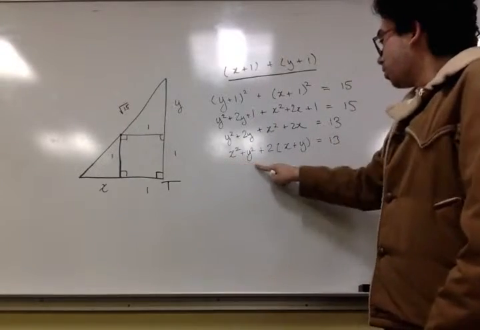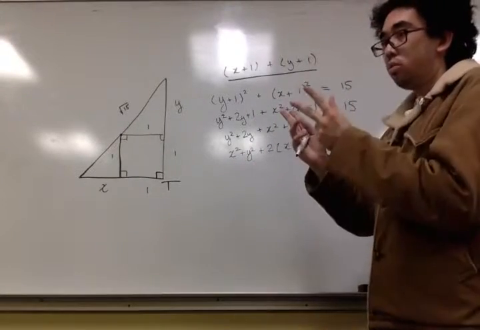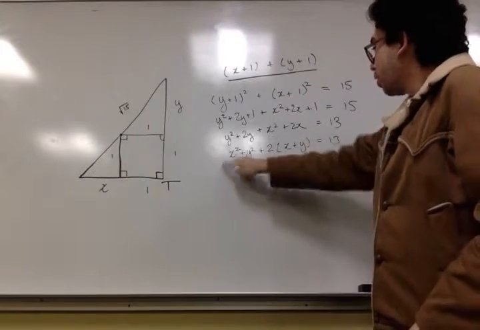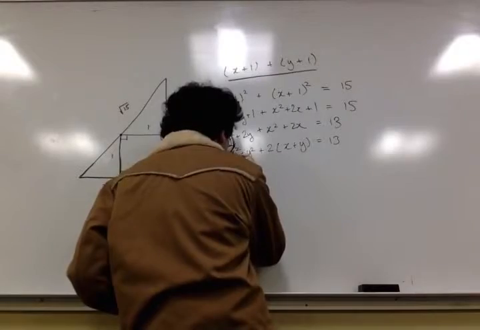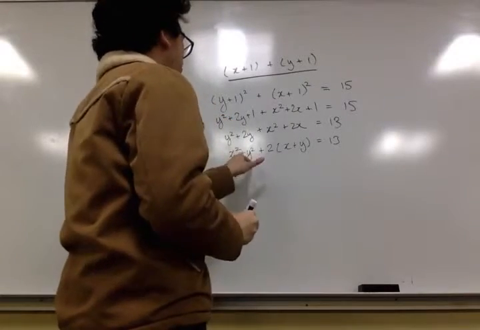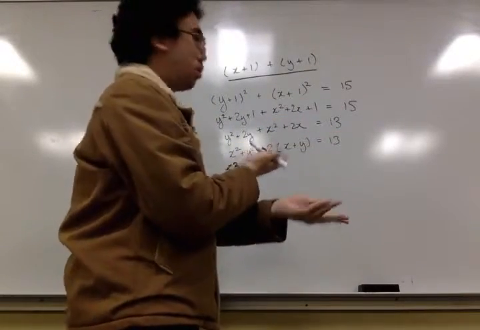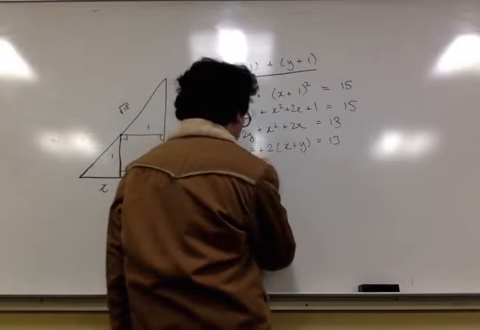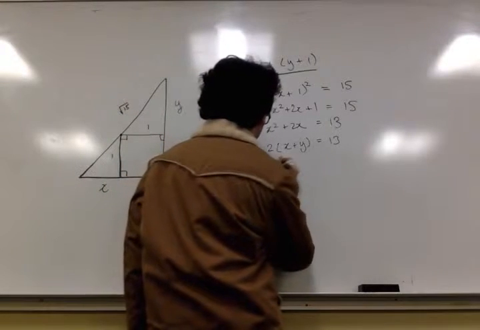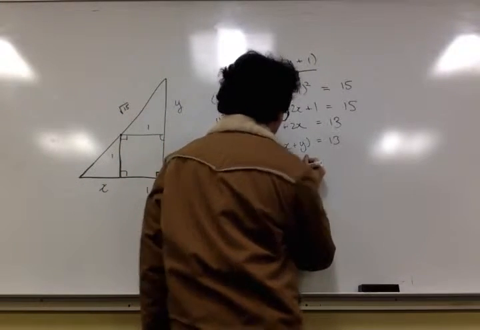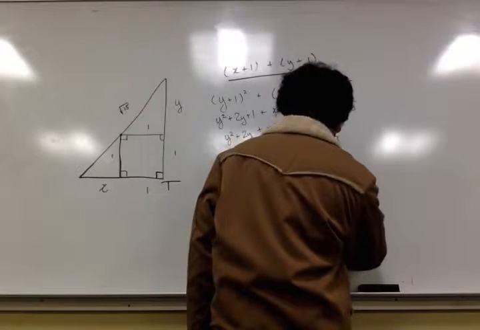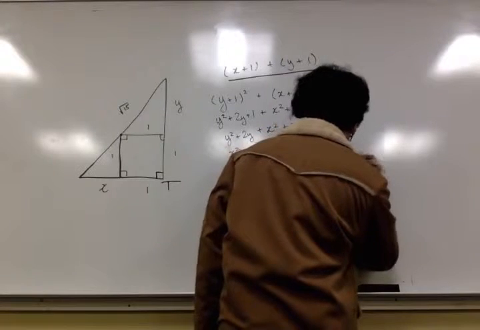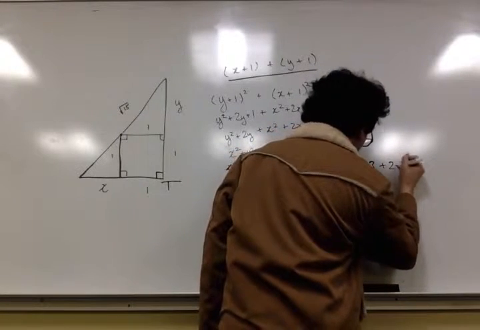So, in order to make this into x plus y squared, we need to complete the square. Completing the square, this is x squared plus y squared. The middle term would be 2xy. So plus 2xy, and we're going to add that to both sides because of the property of equality. 13 plus 2xy.